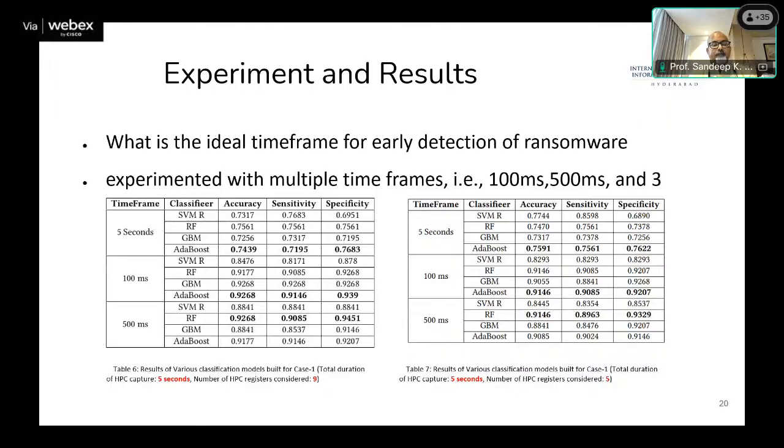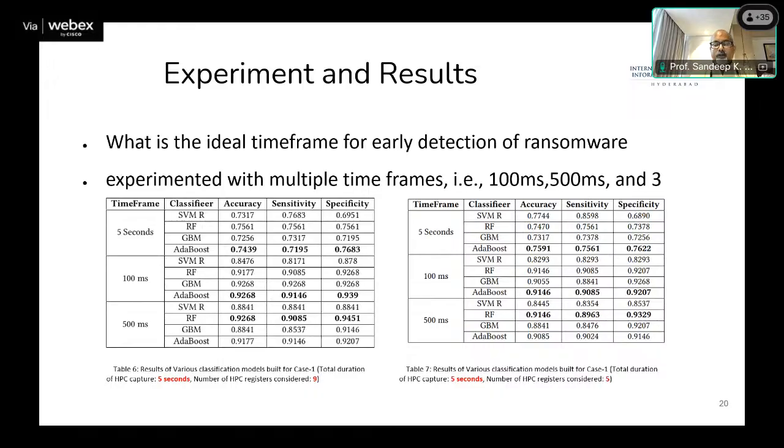But if I take every 100 millisecond, then I'm getting an accuracy of about 93%. If you take every 500 millisecond, I'm getting about the same. So a total HPC capture duration of 5 seconds seems to be good, and 100 millisecond seems a good amount of time between two captures.